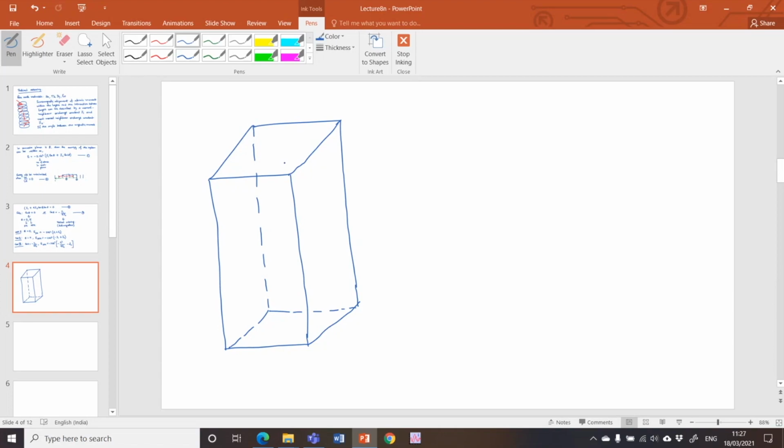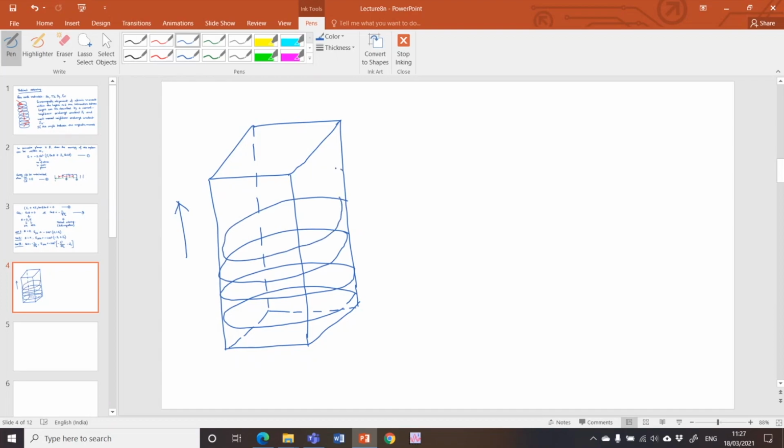Okay. So let's say this is my thickness. Now what I'm saying here is that this is made up of such layers. Is it clear? And the magnetization vector in this layer is, let's say, like this.